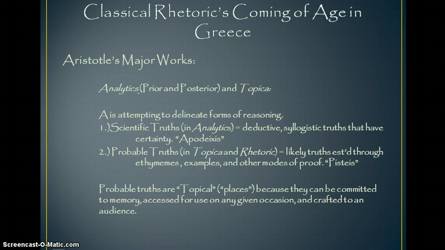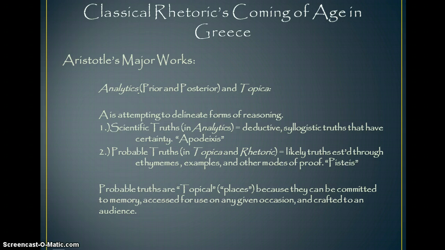Scientific truths, and he deals with this in the Analytics, and those are deductive, syllogistic truths that have certainty, and what he calls apodeixis, which is certain truth, scientific truth, indisputable truth to anybody who has a rational mind. Mathematics falls within this, correct?